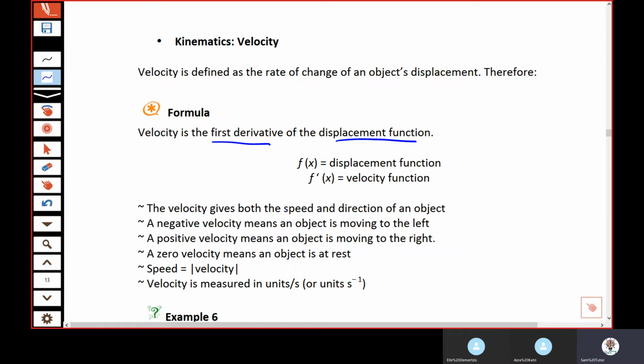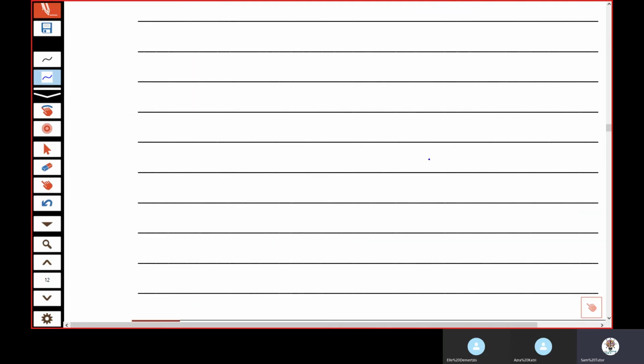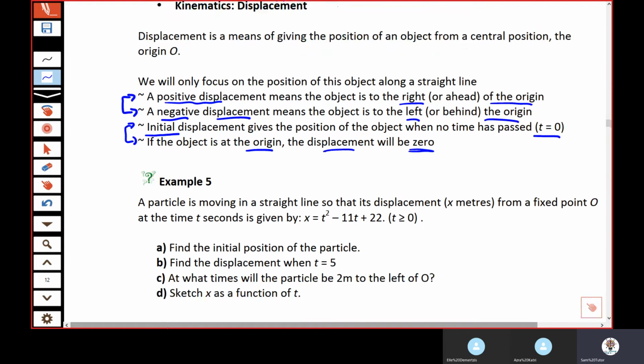The velocity gives both the speed and the direction of an object. So if you've got a negative velocity, it means that an object is actually moving to the left. Remember, that's different to displacement, right? Displacement negative meant the object is to the left of the origin.